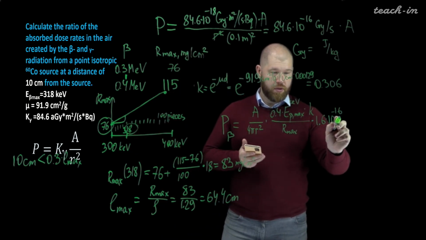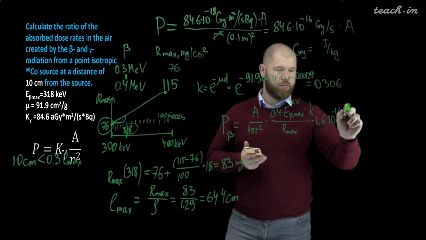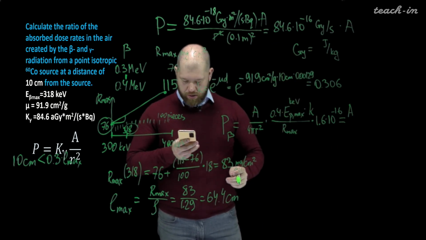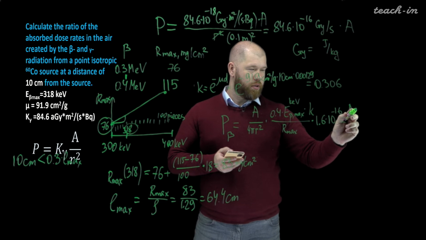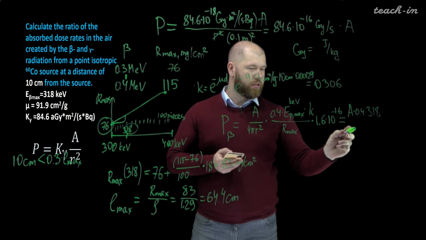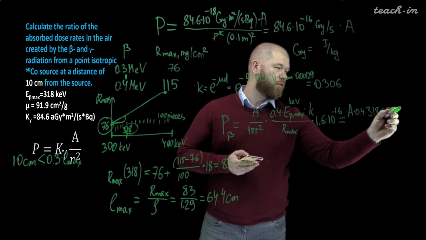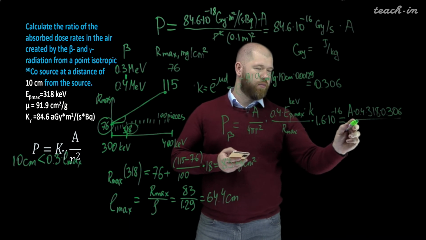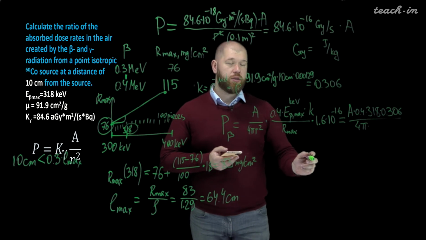So it will be our activity that we don't know, and we will see that it will be simply annihilated. We multiplied it by 0.4 by 318 kilo electron volts, multiplied by the attenuation coefficient, then divided by 4 pi r squared.